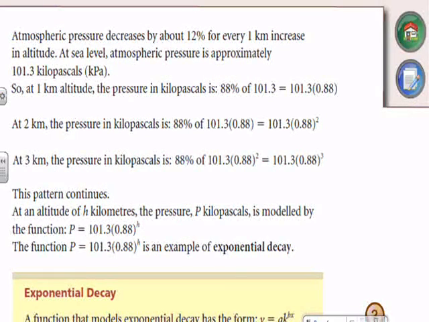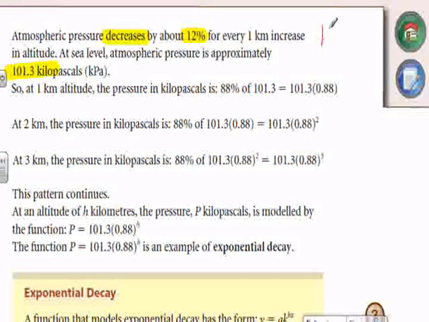Now for this next concept, I'm not going to read through the whole thing, but I am going to bring this out here. We're talking about atmospheric pressure, which decreases 12% in every kilometer that you increase in altitude. And it's starting at sea level at 101.3.